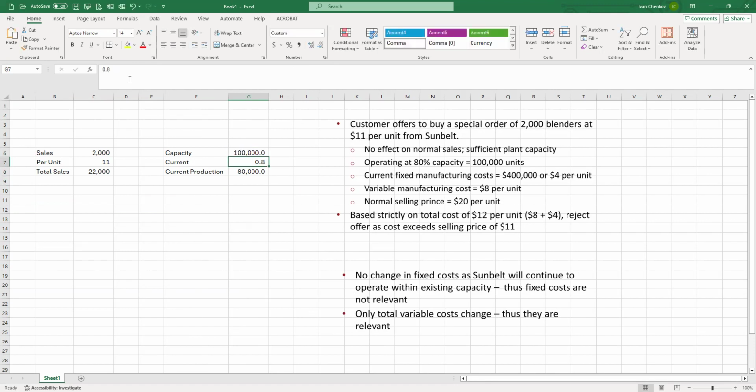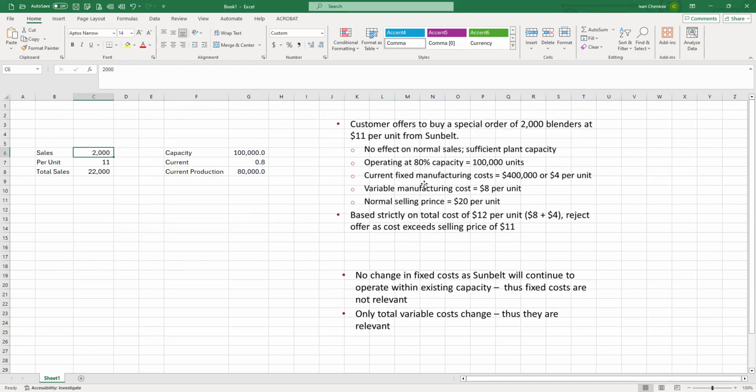That's even worse. So our current production is 80,000 units. The question is, do we have the capacity to produce 2,000 more? Yes, we do have the capacity, right?